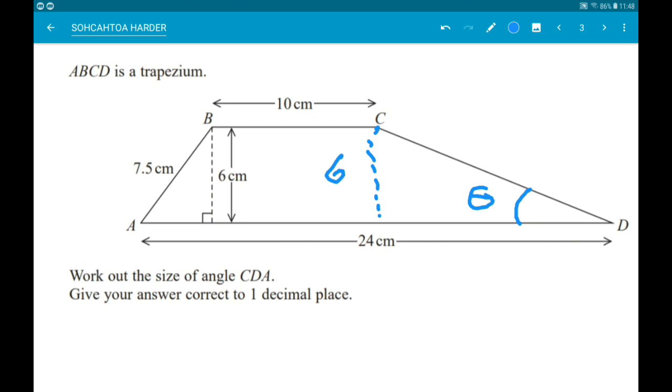So we need to work out now one of these other two sides. So let's look at what we know. We know the base altogether is 24 long. We know the top is 10 long. So we know the base inside of the rectangle is also 10.